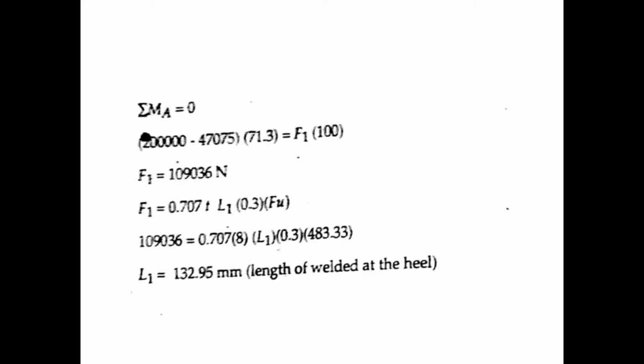So in order for us to find the value of L sub 1, we have first the summation of moment A is equal to 0. So we have 200,000 minus 47,075, which is the value of F sub 3, multiplied by 71.3, which is the value of Y sub 1, is equal to F sub 1 times 100, which is the total of adding Y sub 1 and Y sub 2.